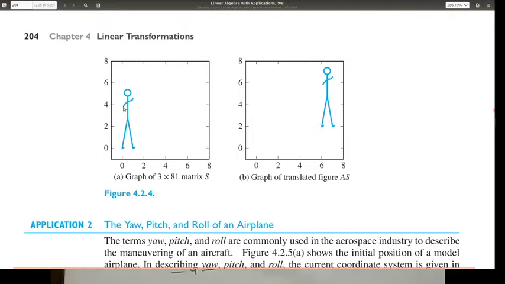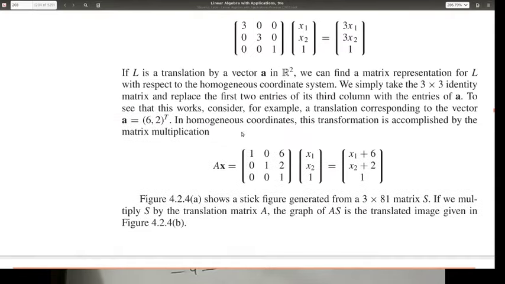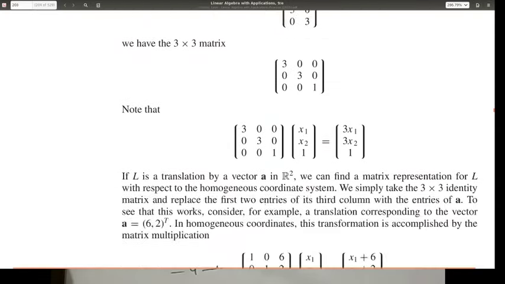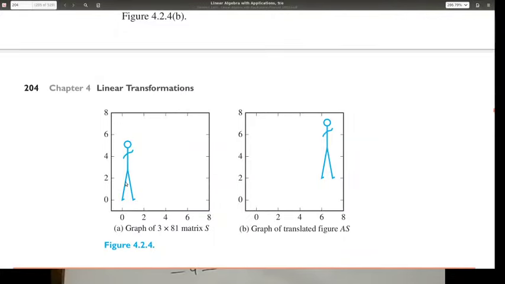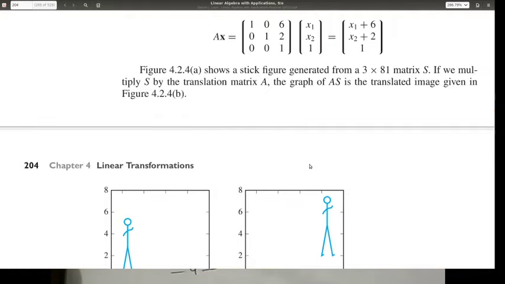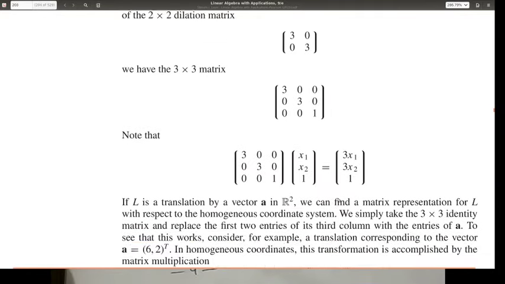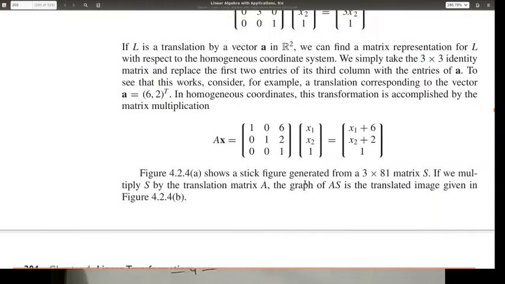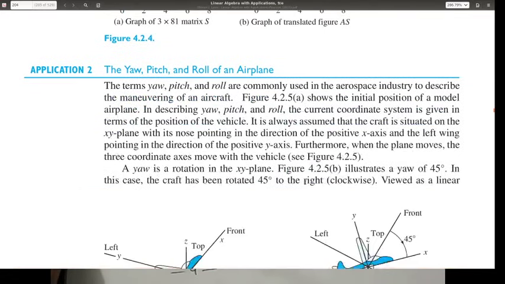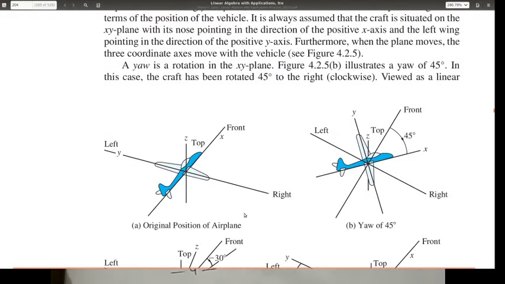And if you want to translate it, this example tells you how to translate it. If you want to take this stick figure over here, you need to figure out how to do a translation, which is given in this example. I want you to go through this on your own. There's another example where you think about the rotation of this aeroplane.